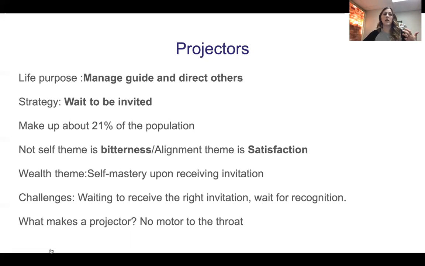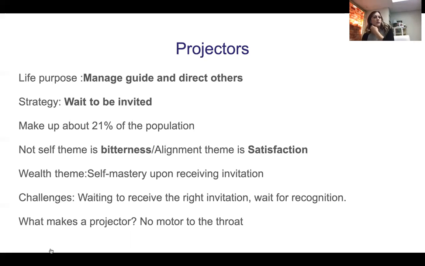Then when they actually get invitations, they don't have the energy to respond. So it's super important for a projector to use their strategy, otherwise they won't be able to step into what they're actually supposed to respond to.